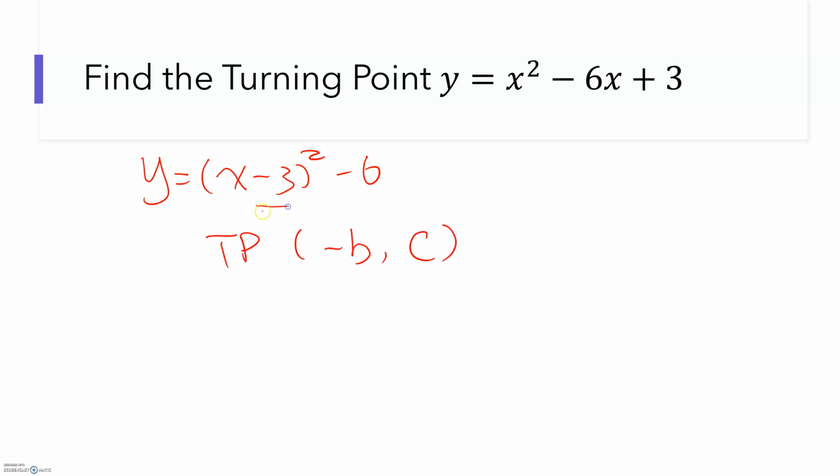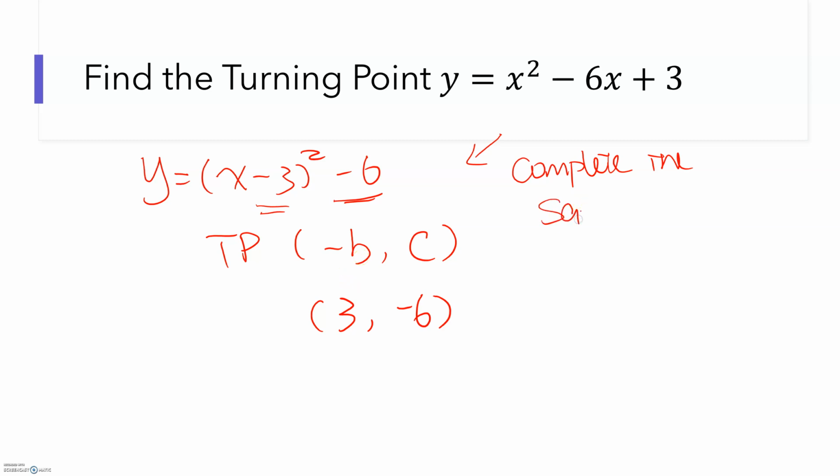So negative b is 3 here, and c is negative 6 here. So the turning point will be (3, negative 6). So always remember the first step is to complete the square. After that, you can use this form to tell us the turning point and the axis of symmetry.